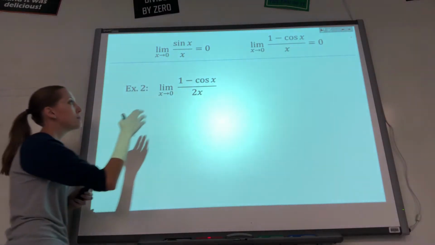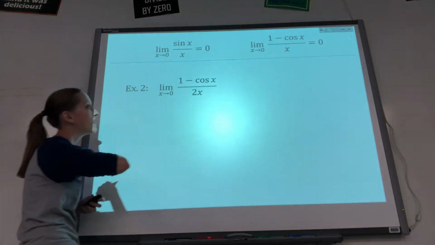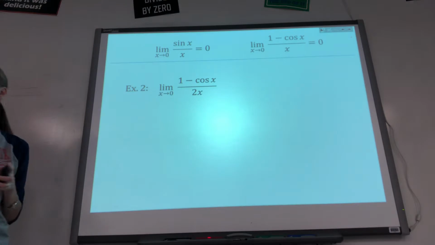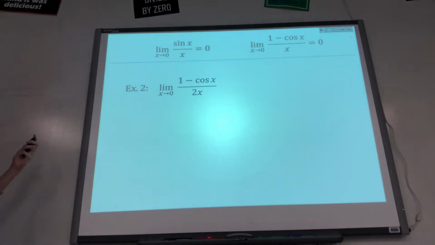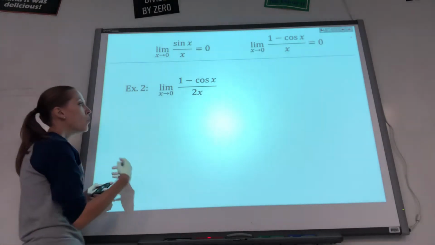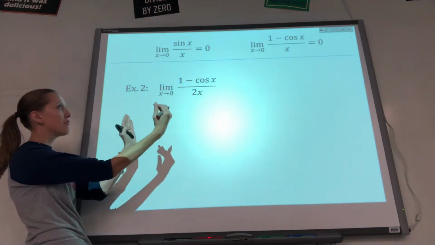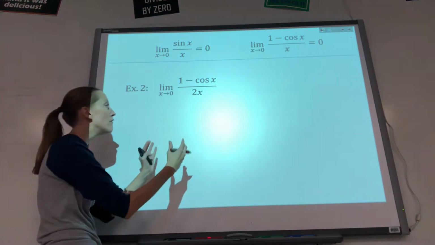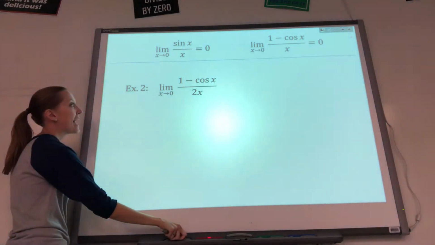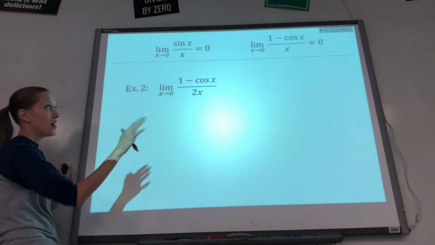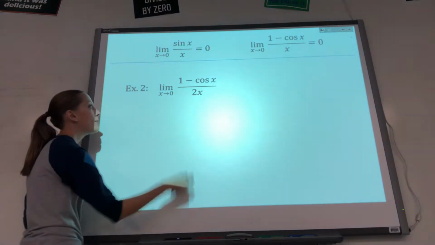It's just supposed to be 1 minus cosine of x over x. So I'm going to do what I did on the last problem, which was pull that number out front and then have the limit part by itself. But the number that I have to pull out here is not 2. The 2 is actually on bottom.